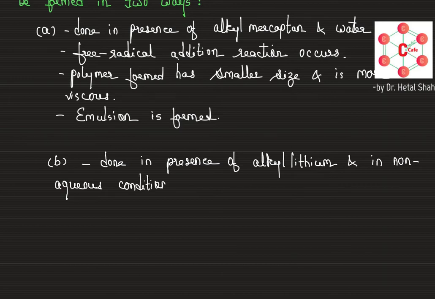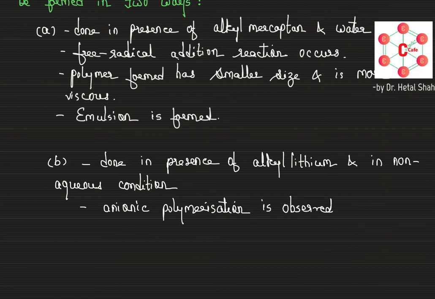So the second type of polymer is done under non-aqueous conditions, right? Here anionic polymerization is observed. So this is basically anionic polymerization that takes place, right?